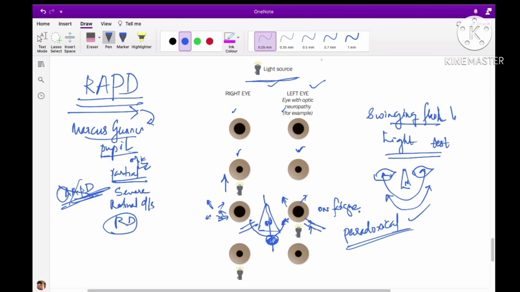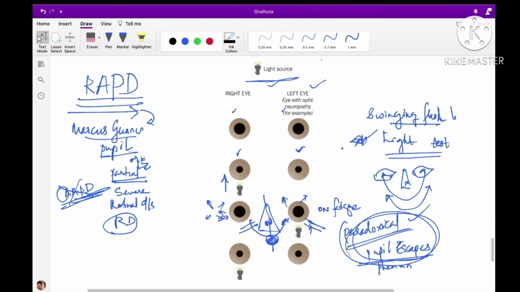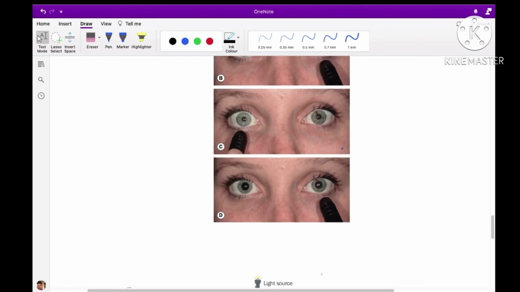So there is a paradoxical dilation, or the pupil escapes. So it is a pupillary escape phenomenon or a paradoxical dilatation that is seen. This is what you get in case of a relative afferent pupillary defect when you do a swinging flashlight test.